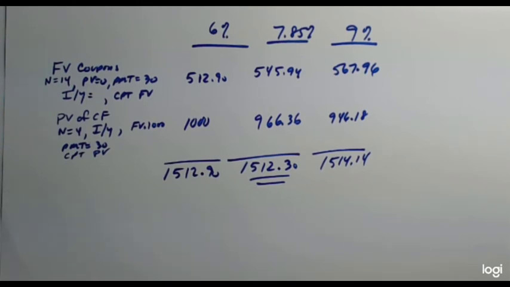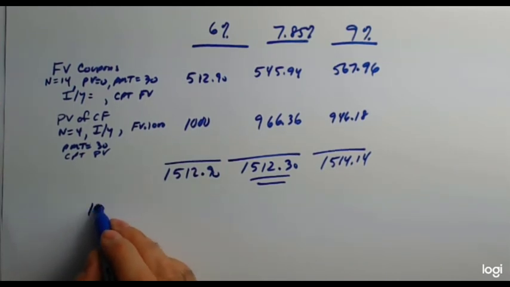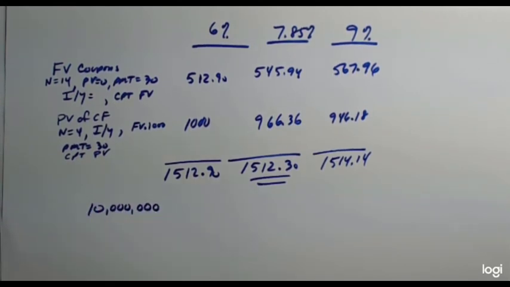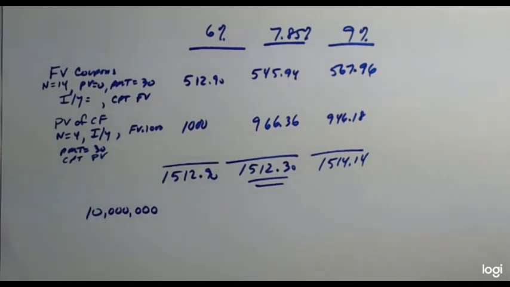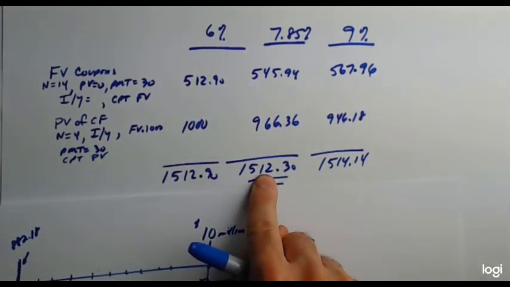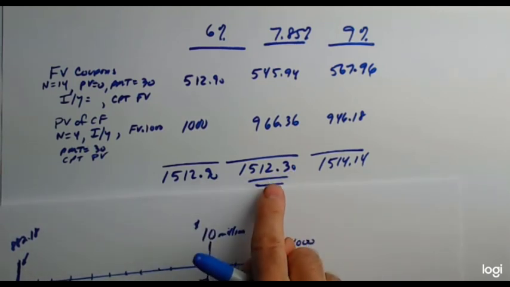Now the question becomes, how many bonds do we need? There are two different ways you can calculate this. We need $10 million right here. And what we're saying is we have all this cash, $1,512.30 approximately, regardless of the scenario.